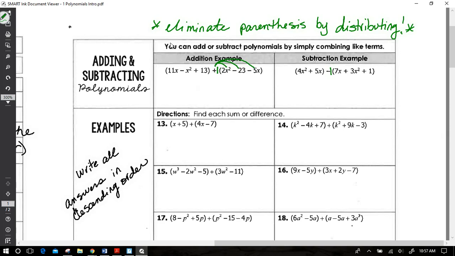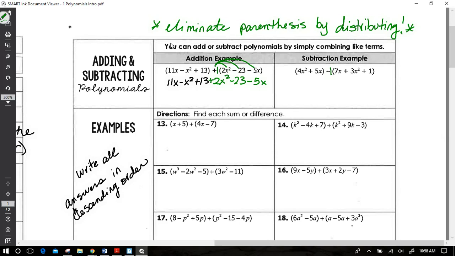So 1 times 2x squared is still 2x squared. 1 times negative 23 and 1 times negative 5x. And then notice that there is nothing in front of this but a positive 1, so I'm going to bring this down. And the one thing that I did forget is that this is a positive 2x squared. All right, so once I have distributed that 1, then I'm ready to combine my like terms.